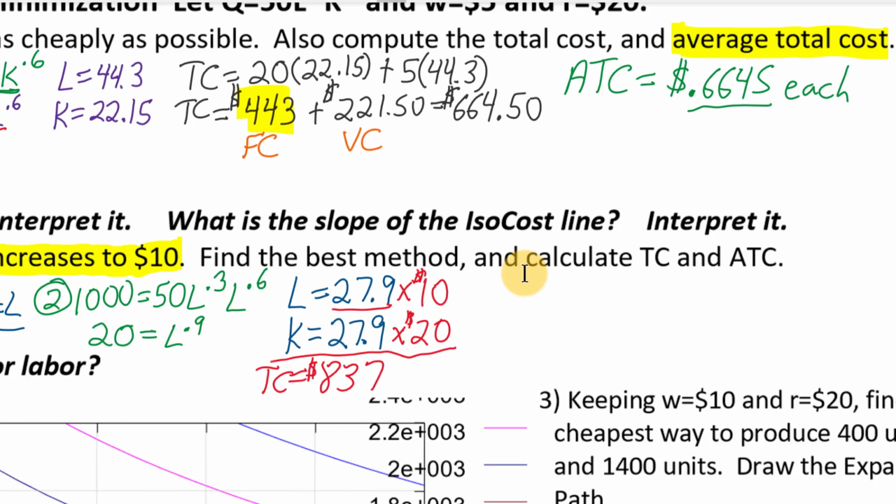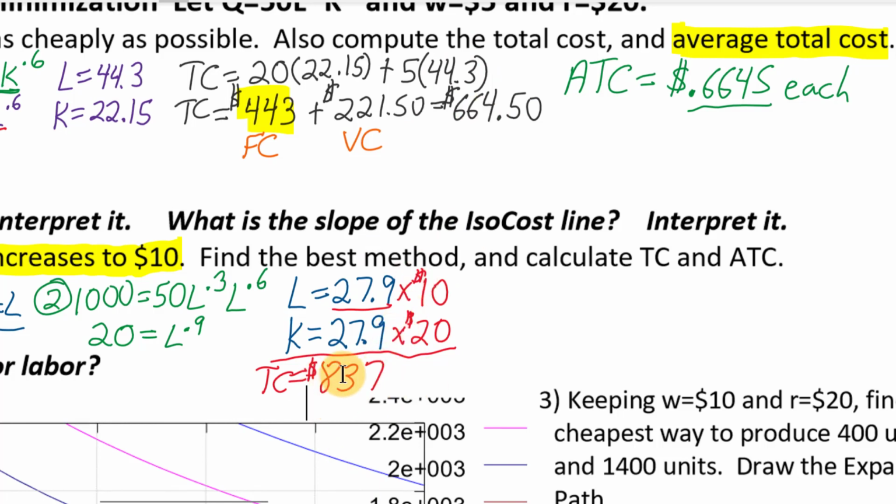This also should make sense, that if we assume that businesses need to keep producing the same amount, maybe they have a contract where they have to still deliver 1,000 units, regardless of whether the cost of their labor went up or not, then it's going to cost more to produce the 1,000 units now that the price of their labor has gone up.